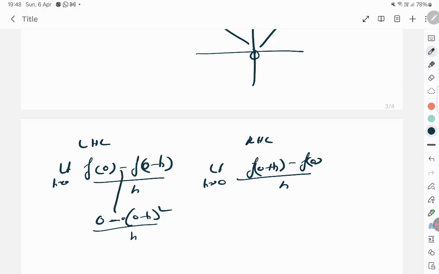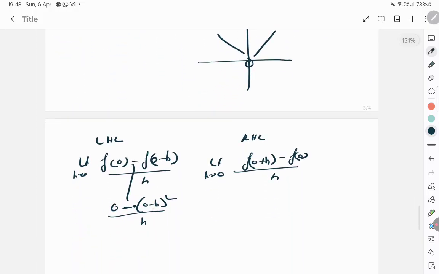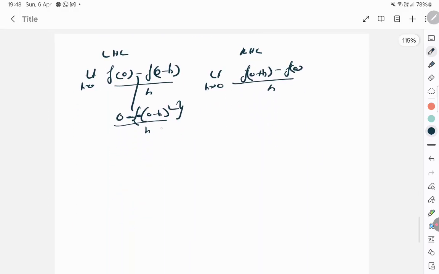Because f of x is minus x square, f of 0 minus h will be minus of h square only, since squaring gives a positive. So this will be minus h square, and with the minus in front it becomes plus h square, by h. So the limit as h tends to 0 is 0.